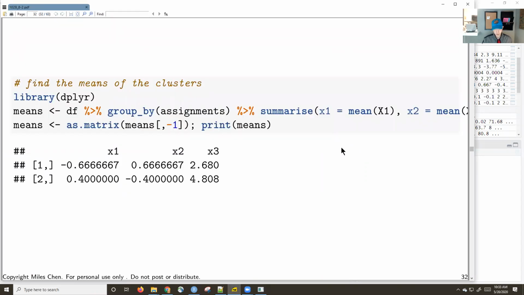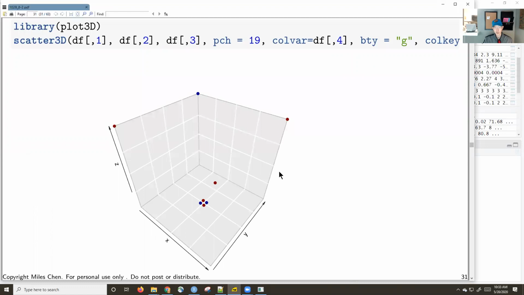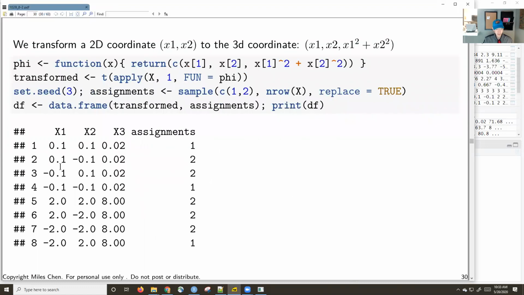And now that I've transformed them into three-dimensional space, I'm going to calculate the centroid of each of these clusters. So I'm going to take this point and this point and add them together. So I get -2.1 plus 1, so that adds up to -2. This also adds up to -2, and this adds up to 8.02 and 0.04, so 8.04.